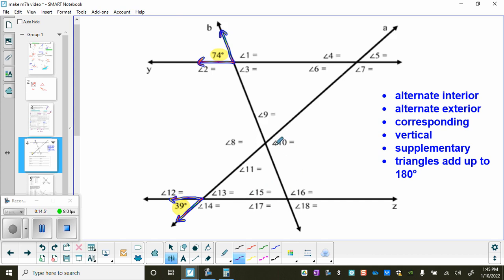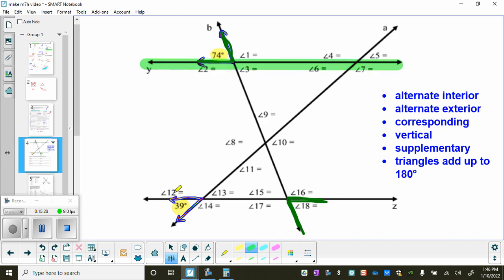Now, the way you can justify it, again, you've got alternate interior or alternate exterior angles. Don't forget about those. For example, if this 74-degree angle in green is on the outside, it is an alternate exterior angle with this green angle here. Those are alternating and they're on the outside of my two parallel lines. So you are also going to complete this diagram.